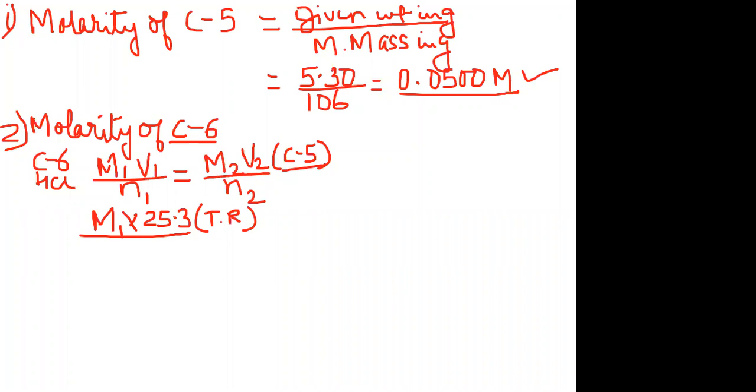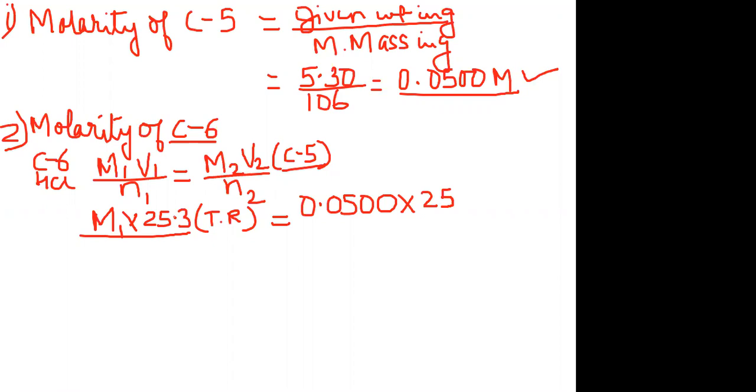That is the equation I had shown already. You had 1 mole of sodium carbonate reacting with 2 moles of HCl. So accordingly we have to take that. But before I put that, let us come to this side. In this case, M2 is 0.0500. That is the molarity we got from question number 1. And the volume is the amount of solution we took in the conical flask, that is 25 ml. This one will remain the same in all the cases.